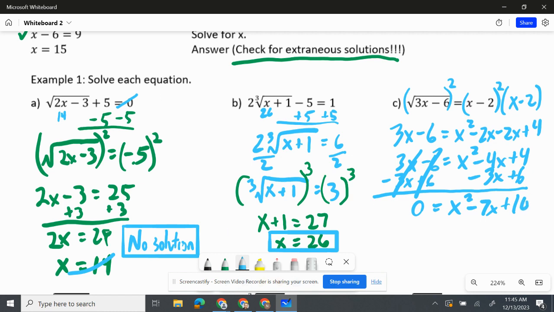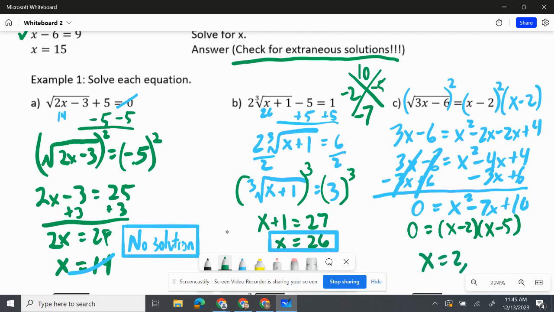So I'm looking for two numbers that when I multiply them together give me a 10, add up to negative 7, and I have negative 2, negative 5. So my two answers are 2 and 5, but once again, I have to double check to see if the numbers work.